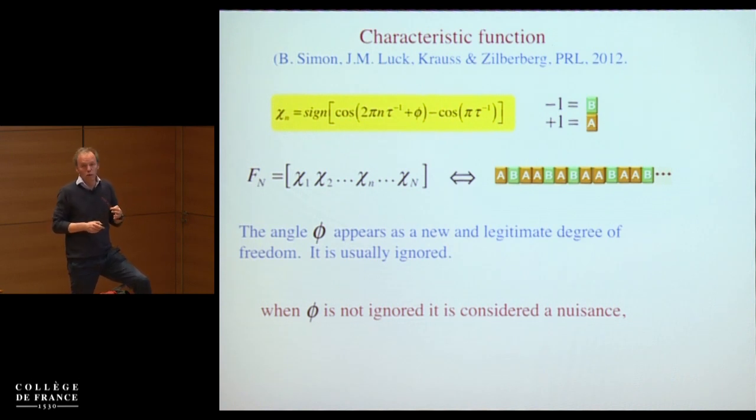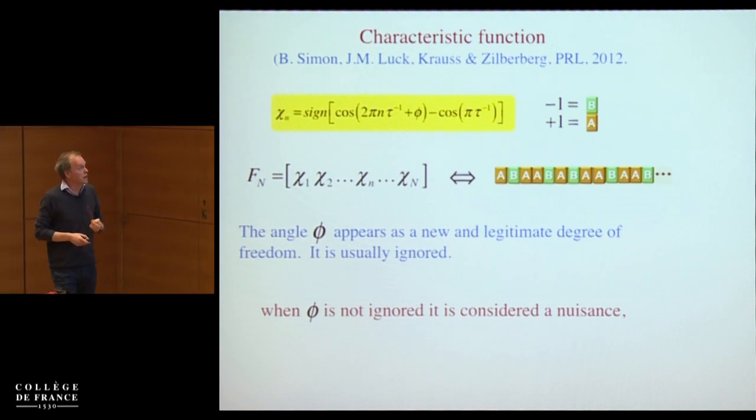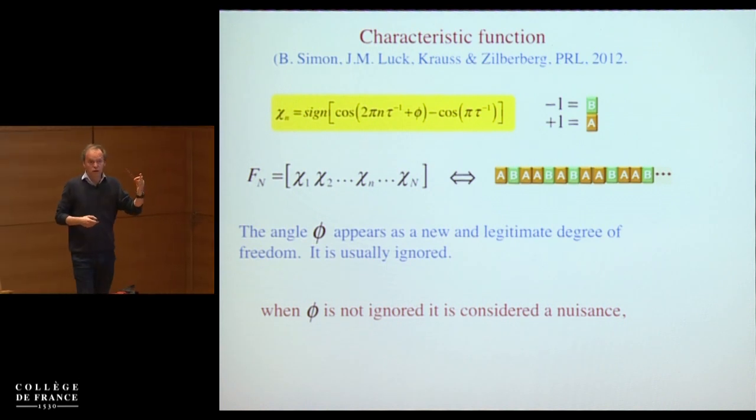If it is -1, you call it B. If it is +1, you call it A. And now like this, you generate a word, chi1, chi2, up to chi-n, a word of whatever length n you want. This word will be translated into a series of A, B like this, and like this, you generate, in fact, a Fibonacci structure. What is interesting here is that the length of the chain is whatever you want. It does not have to be a Fibonacci number.